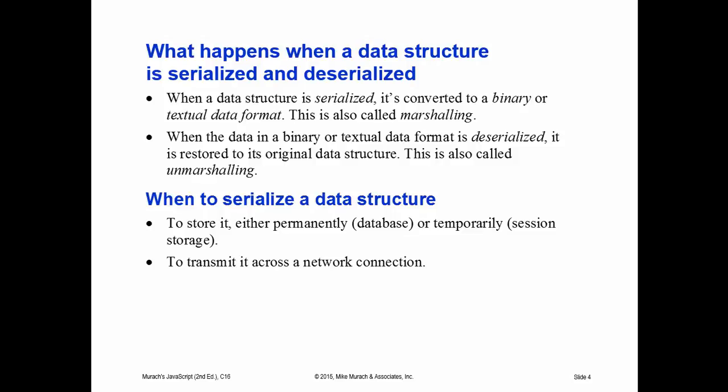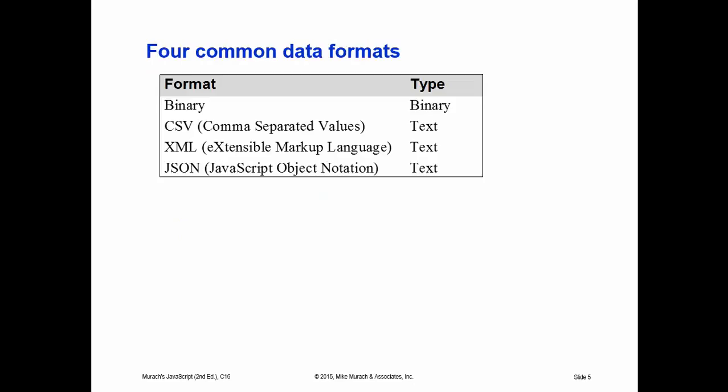You typically serialize a data structure to store it or to transmit it across some kind of a network location. Why? Because, again, typically before you can store data, it must be converted to a data format that the data store can use. All right? Here's some different common types of text formats.